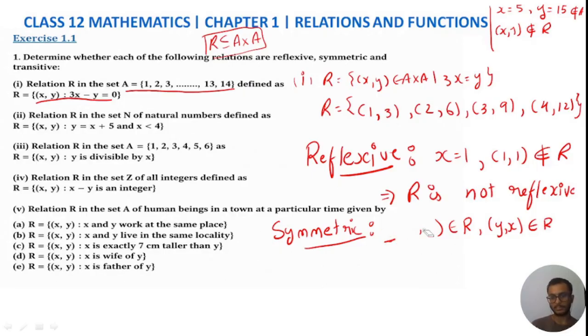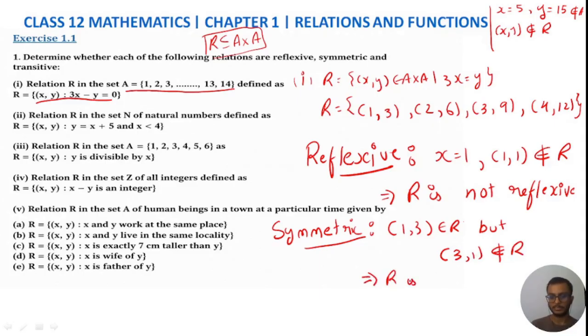So let's see whether it holds here or not. If you pick (1, 3), (1, 3) is in R, but you can clearly see (3, 1) is not in R, right? This says that our R is not symmetric.